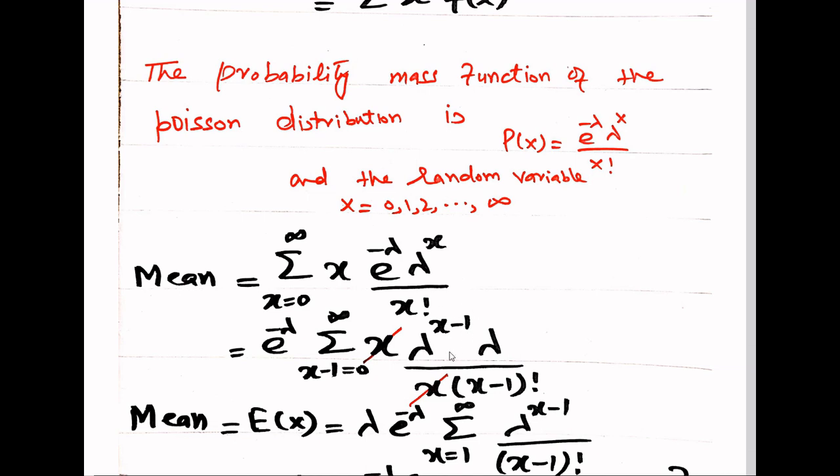Let me help you understand this point. Again we divide and multiply by lambda. The multiplication gives lambda, and the division is 1 over lambda, written as lambda power minus 1. When the base is the same, we write it as lambda power x minus 1.